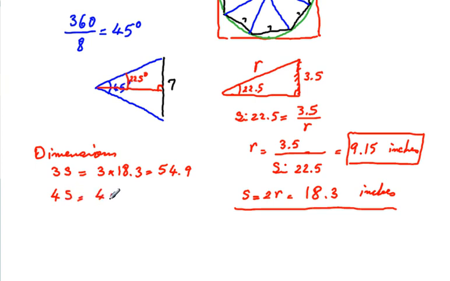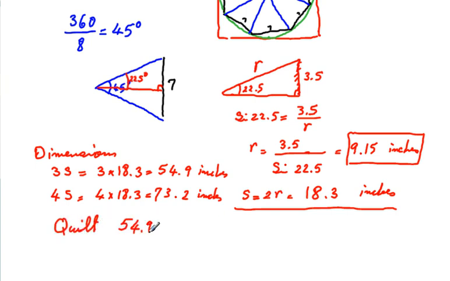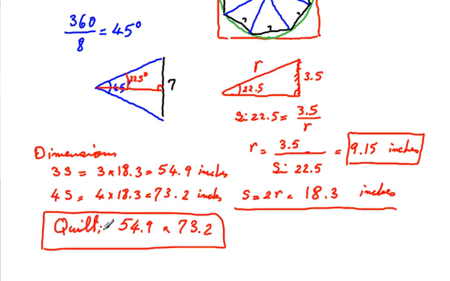That would be 4 times 18.3. Okay. So the quilt is measuring approximately 54.9 by 73.2 inches.